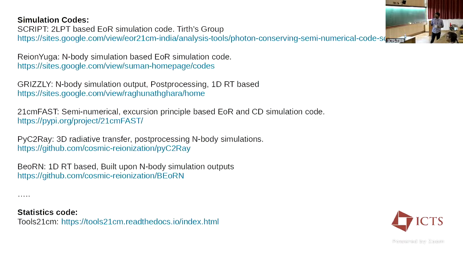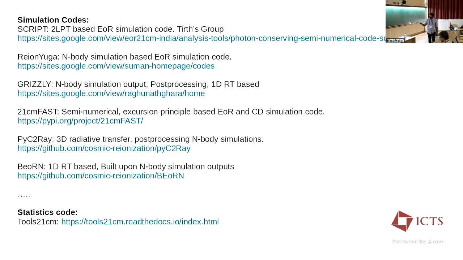Then there is a code, Ryan Yoga. This is an N-body simulation based code. You choose a cosmology, it will distribute particles in a box, do an N-body simulation, find halos, and after that use a source model to produce ionization fields. It is available on this website. Then Grizzly, some part of the Grizzly philosophy I am using for this tutorial.